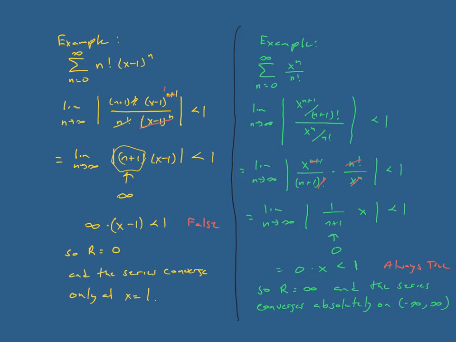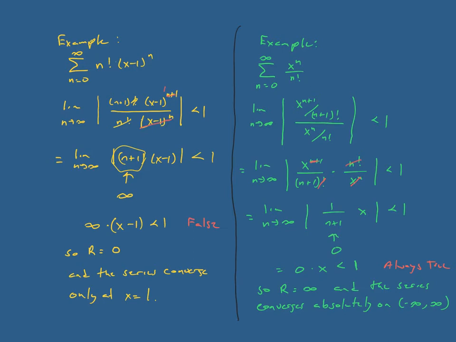And the end result is that this expression here will end up being x over n plus 1, or I can write it as the limit as n goes to infinity of the absolute value of 1 over n plus 1 times x. And I say that's less than 1. Now, I generally will write it in this way. I'll pull the x out and I'll just have anything dealing with the n's separate.